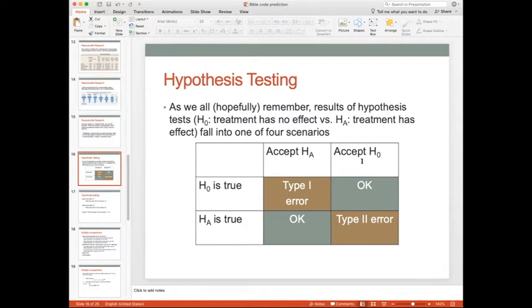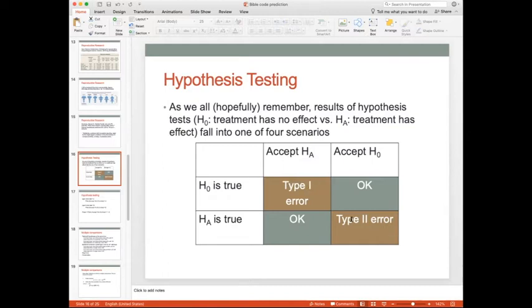When the null hypothesis is true and we accept the null hypothesis, we are doing okay. On the other hand, when the alternative hypothesis is true and we accept the alternative hypothesis, we are also doing okay. We make errors when the null hypothesis is true and we accept the alternative hypothesis, and we call it a type 1 error.